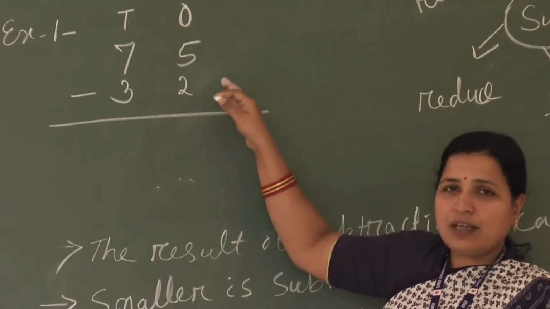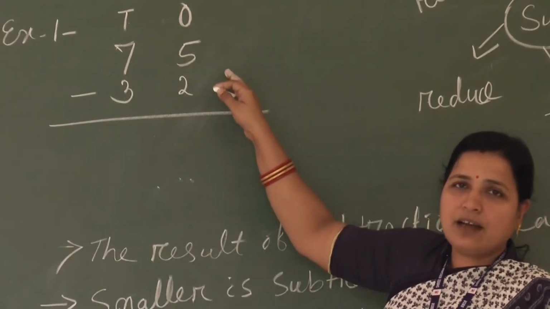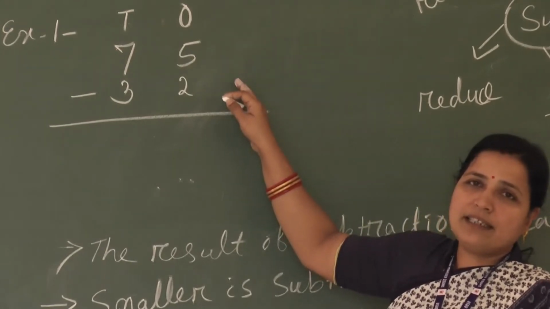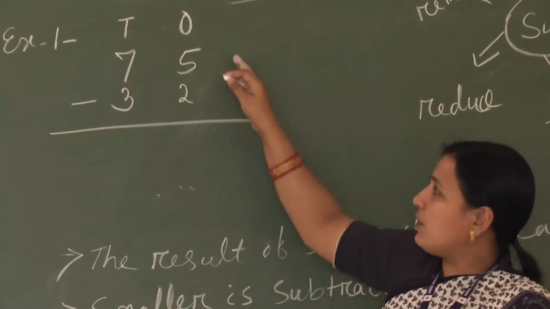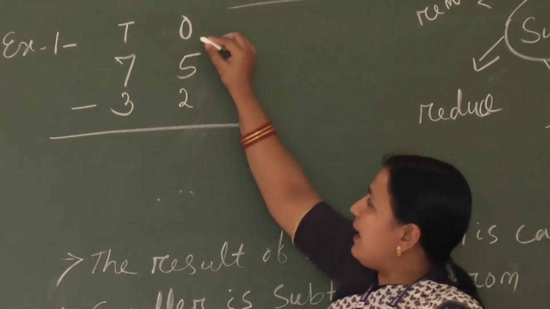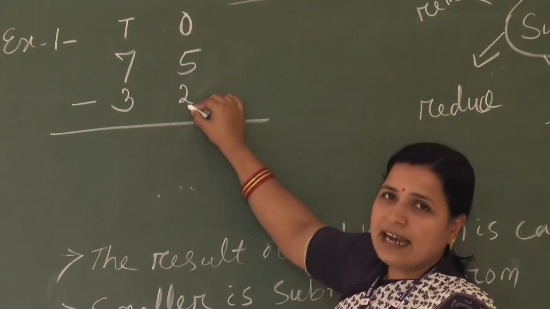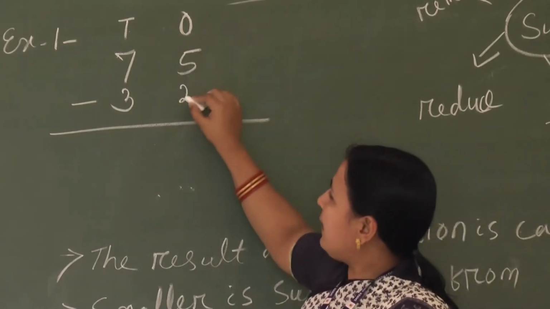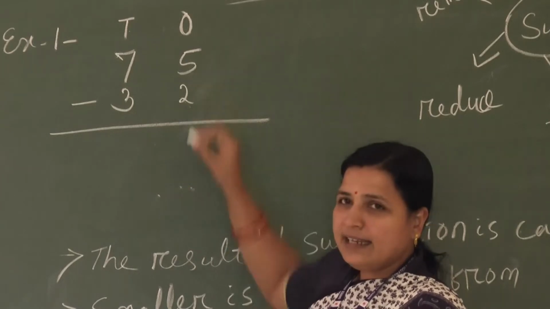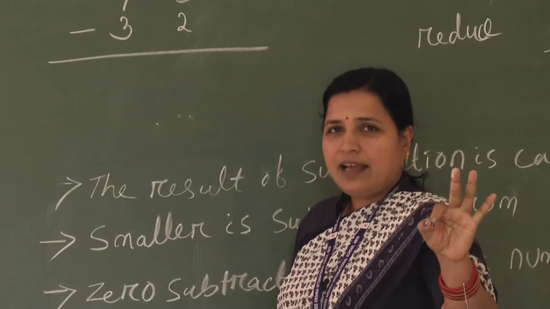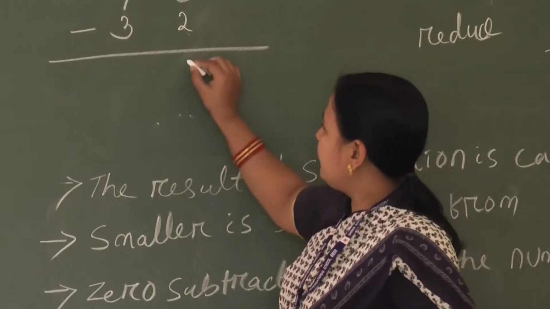You cannot subtract greater from smaller. So the greater number is written in the above place and the smaller number in the second place. So we can subtract it. So 5 ones stand there and 2 ones stand here. So 5 minus 2. You can easily take 5 fingers in your hand, take 2 away. So how many are there? 3.